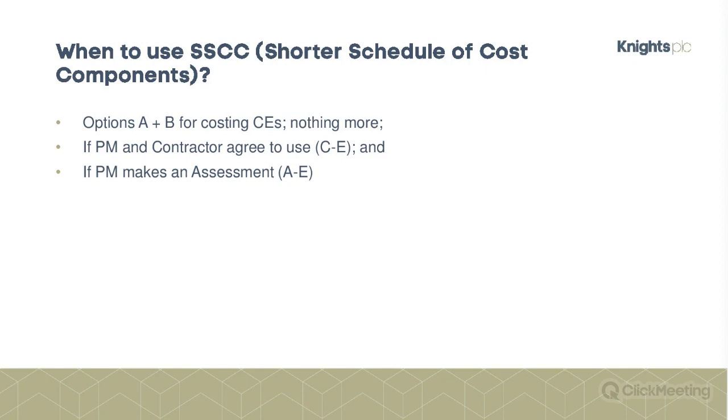So why is that? Well, obviously you're on a fixed price contract, so you get paid for the work that you do as you go along based on that fixed price. If there are any extras, changes to the work, extra time, any extra money, that's when you need to turn to the shorter schedule of cost components.